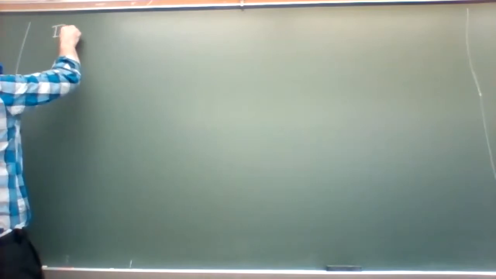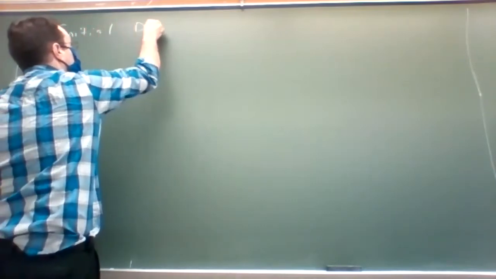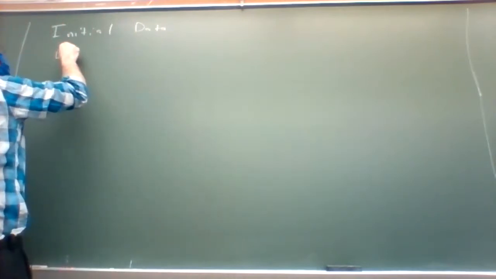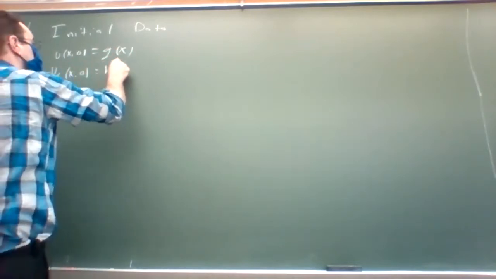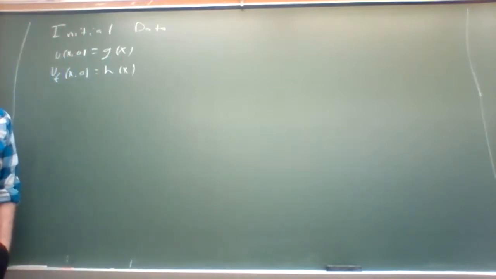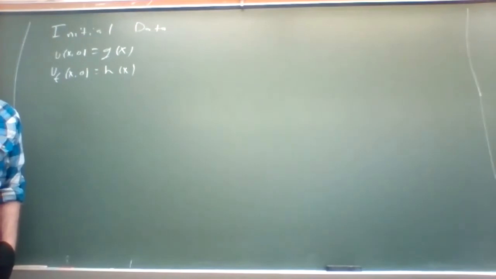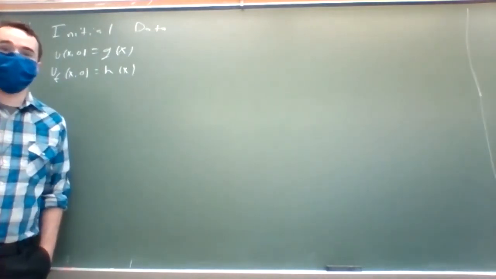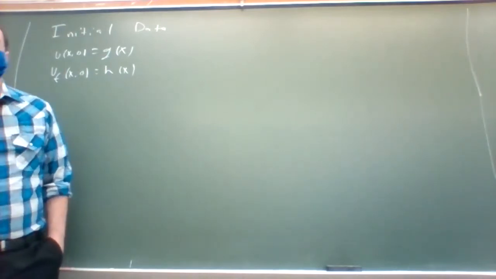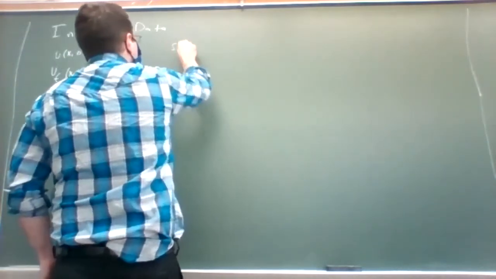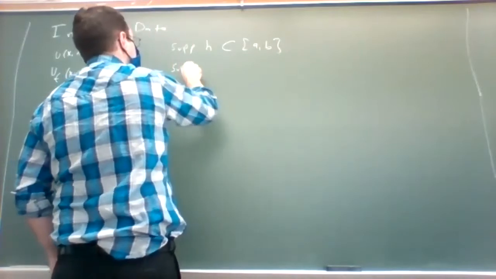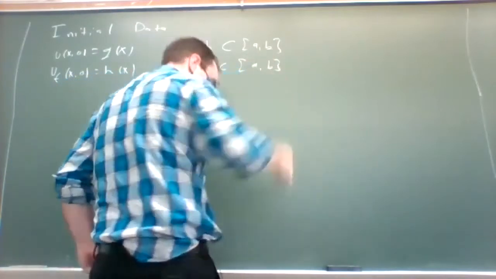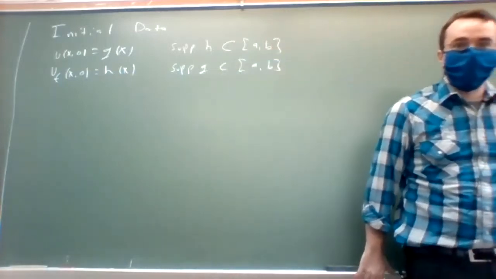So the situation is we have this initial data for the wave equation, and we have this assumption that we're going to make, which is that the support of h and g is contained in a closed bounded interval. And say that you've solved the wave equation in that circumstance.